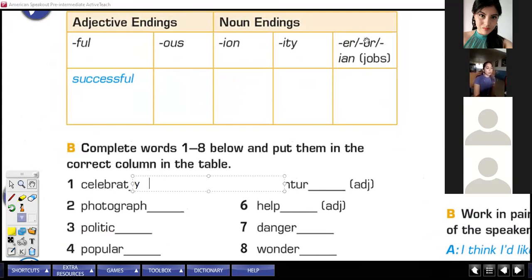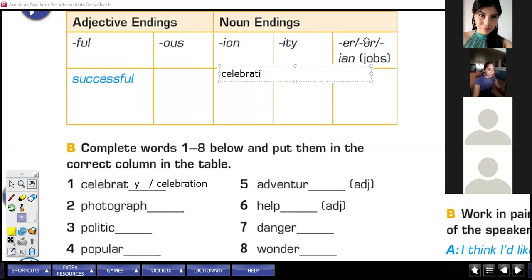Celebrity, or we can have celebration. ¿Y qué son? ¿Adjetivos o sustantivos? Sustantivo. Very good. They are nouns. Celebration or celebrity. Celebrate. They have two different meanings, but the same root.